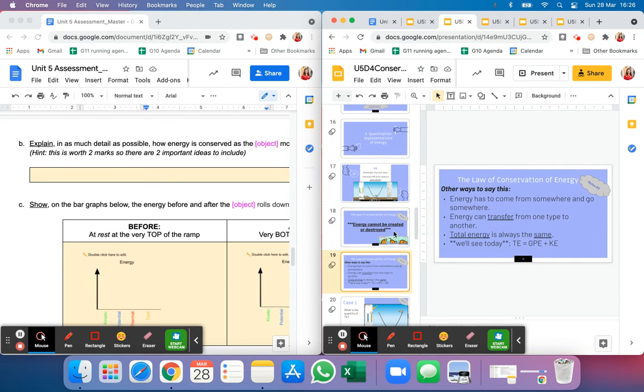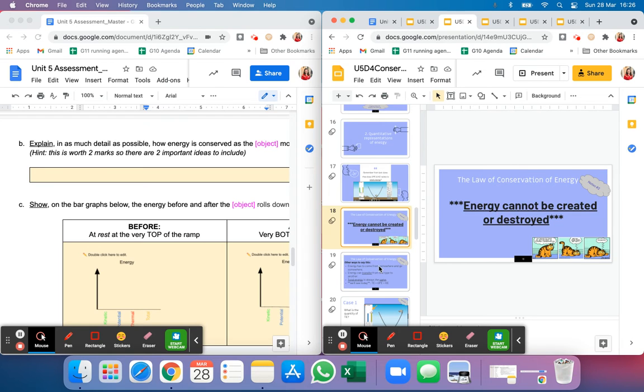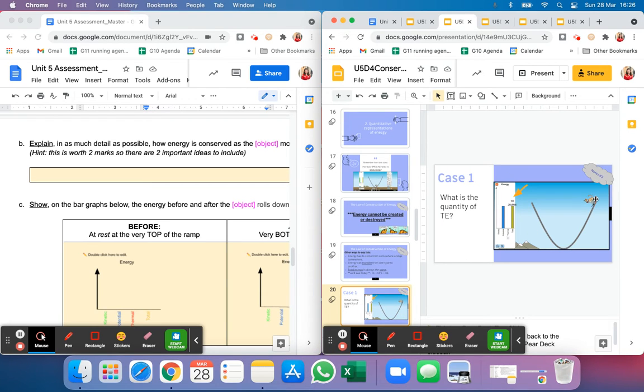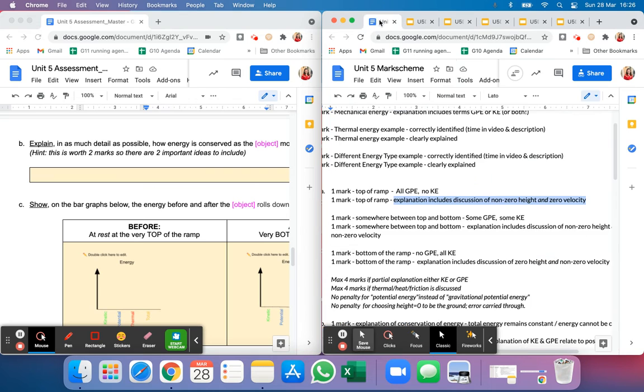So you might have said energy cannot be created nor destroyed, or energy has to come from somewhere, energy needs to transfer, total energy is always the same. So we were looking for you to say something like this from Unit 5, Day 4, and to mention that the energy was, in this case, transforming gravitational potential to kinetic.